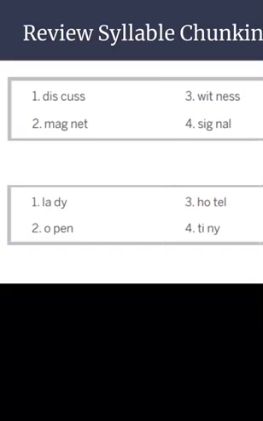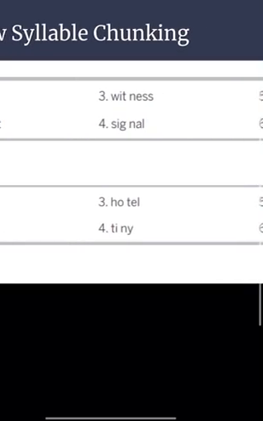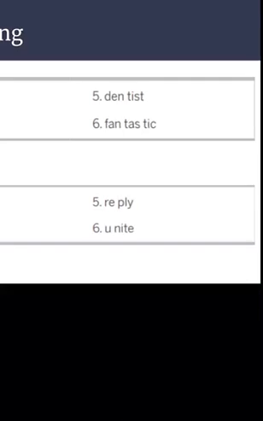Okay, in these words, there's long vowel sounds. And a long vowel sound is the vowel basically saying its name. Okay, number 1, lady. Number 2, open. 3, hotel. 4, tiny. 5, reply. And 6 is unite.